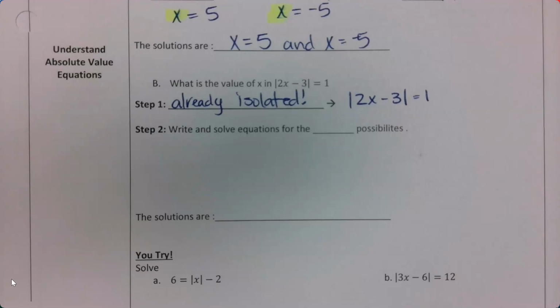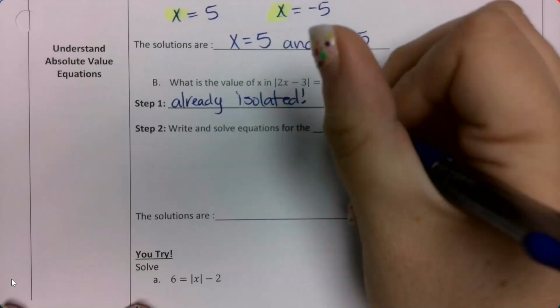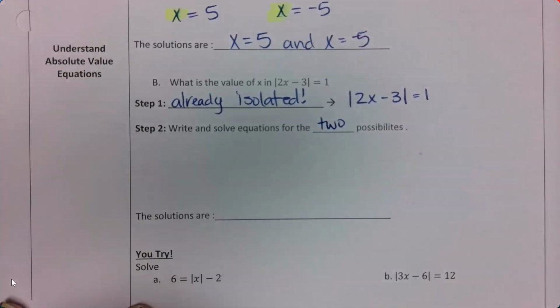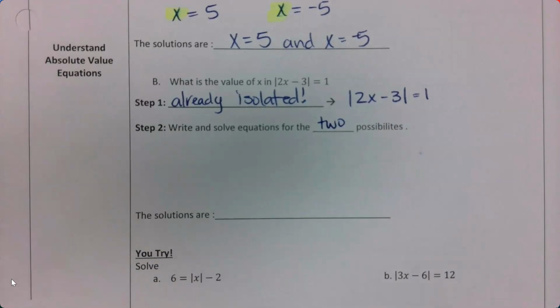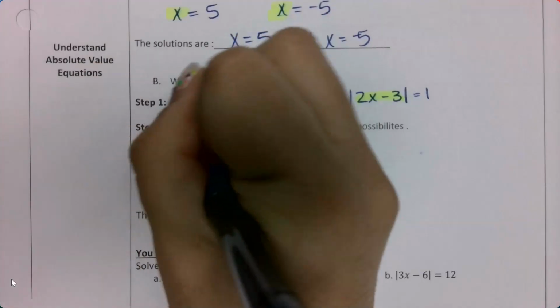Okay, so now I want to write and solve the equations for the two possibilities. So I'm going to take this piece on the inside, and I'm going to set it equal to positive 1 and negative 1. So I'm going to have two equations.